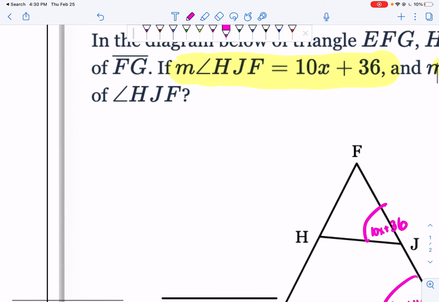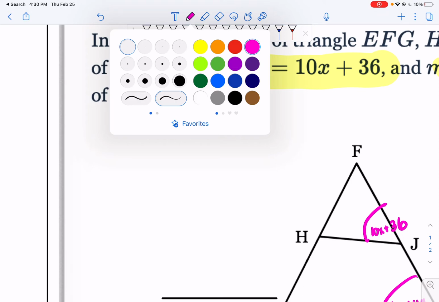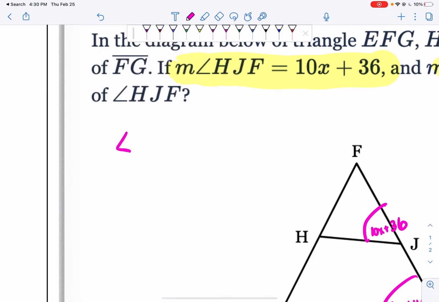So one thing that Miss Kimmick used to do, if you remember, Miss Kimmick was at our school last year. What Miss Kimmick would do is she would rewrite her angle. She would say angle HJF is equal to 10x plus 36. Then everywhere she saw an x, she would just plug in a 2.